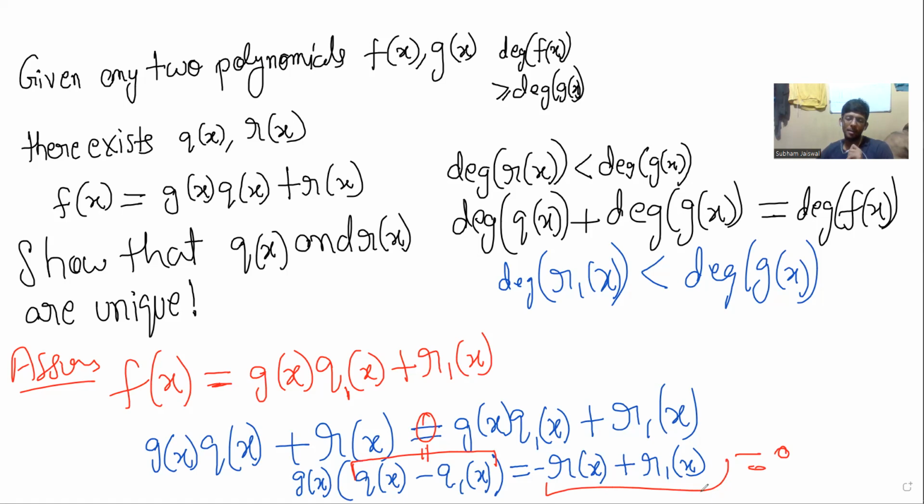That can happen. Not the degrees, but the exact polynomials. This exact thing is zero. That is the only way the degrees can start matching. So then that means that qx is equal to q1x. They are matching in every sense, and the remainders are also then. So it's a simple proof.